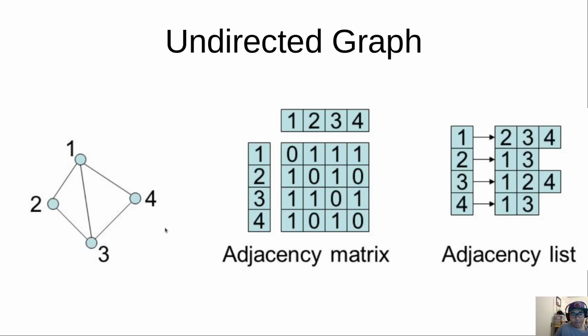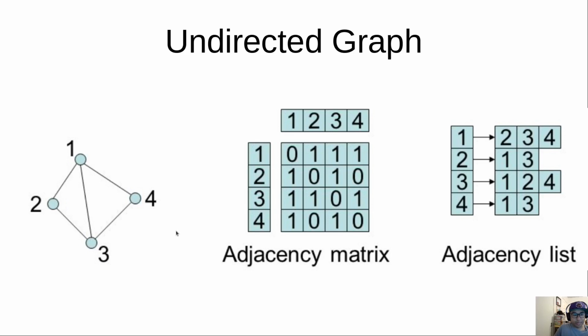Let's do it for 3. 3 has edges connecting to all vertices except itself. And 4 only has 2 edges, connecting to vertices 1 and 3, and we put 1 to represent the edge.